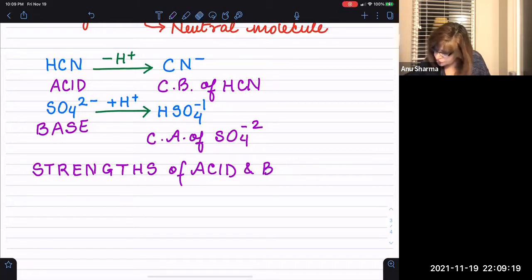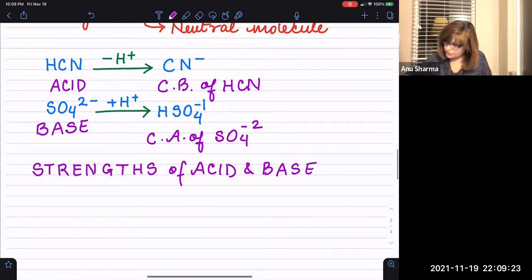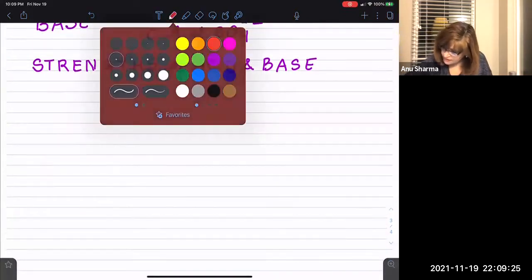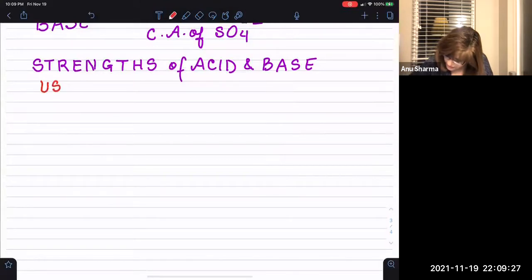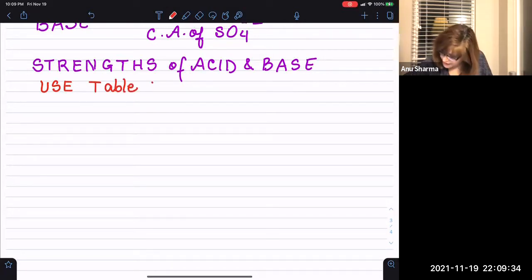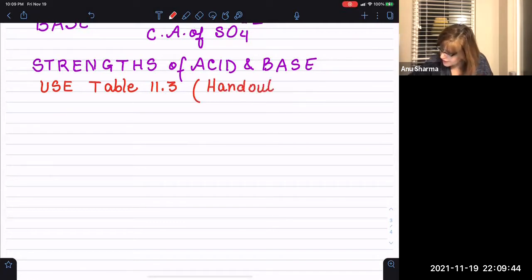And we are going to use the table in the handout. Here you will use Table 11.3. This is the relative strengths of the acids and bases, and this is also in your handout.